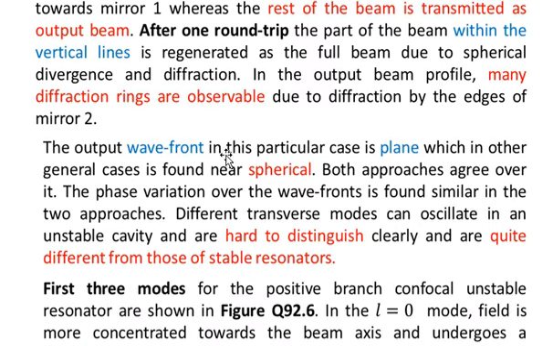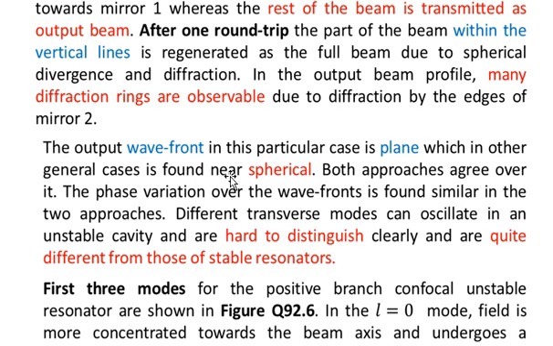The output wavefront in this particular case is plane, that is, having the same phase, which in other general cases is found to be nearly spherical. So in the particular case that we are considering over here, the wavefront is a plane wave coming out from the end side of mirror 2.